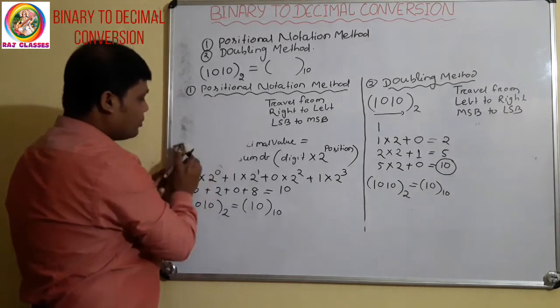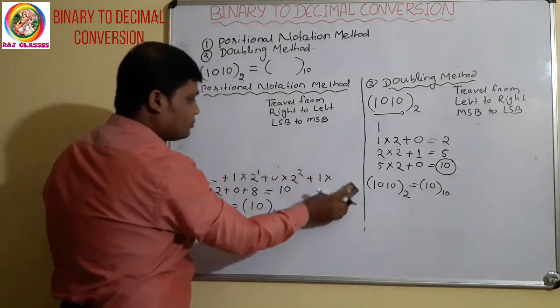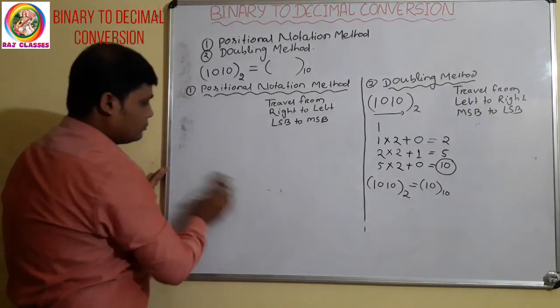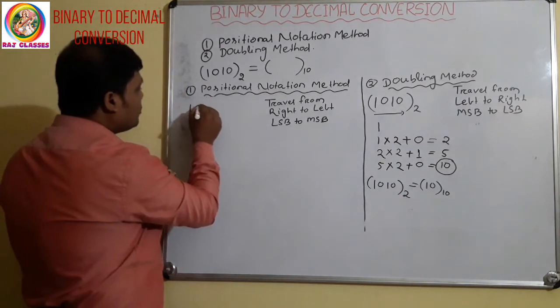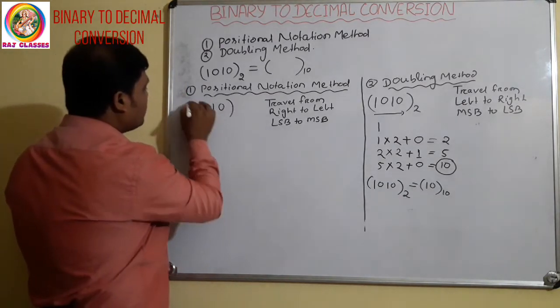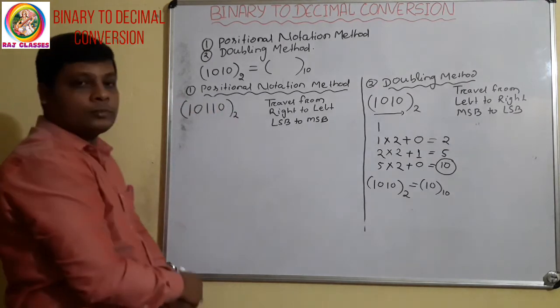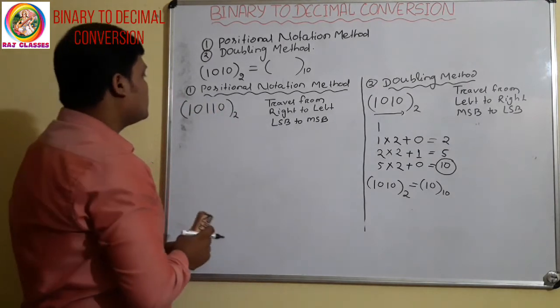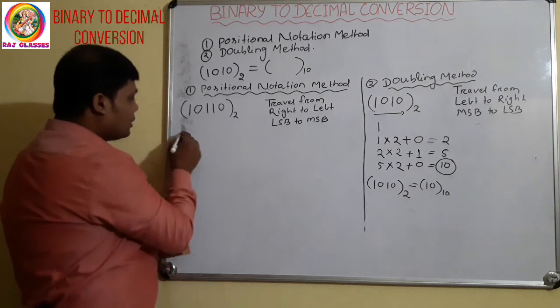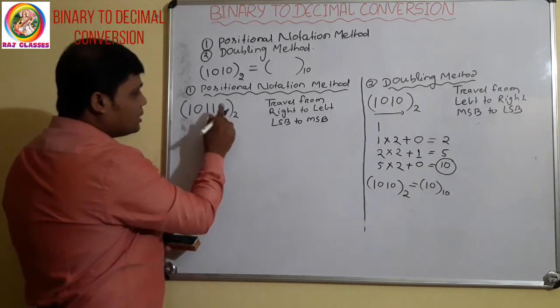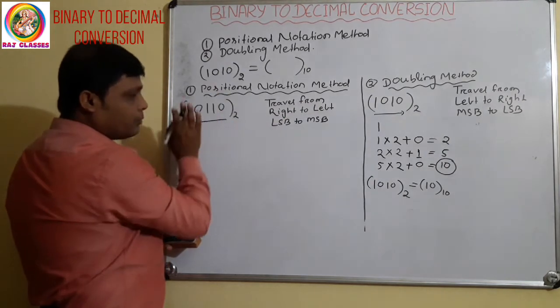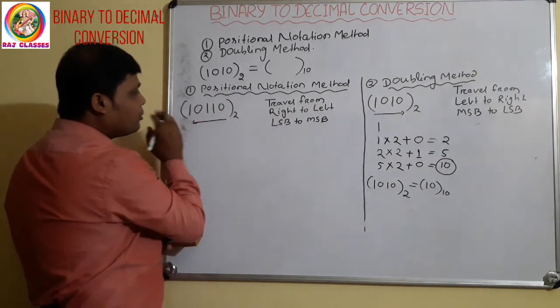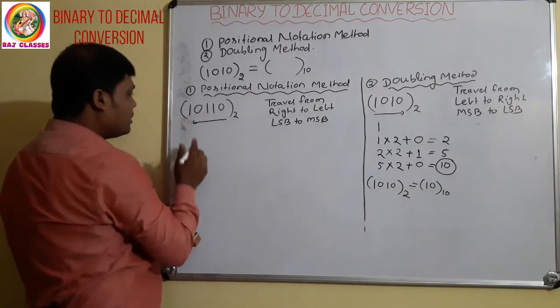Now take another example. 1 0 1 1 0 base 2. Now see, in the first method we have to travel from right to left, LSB to MSB.